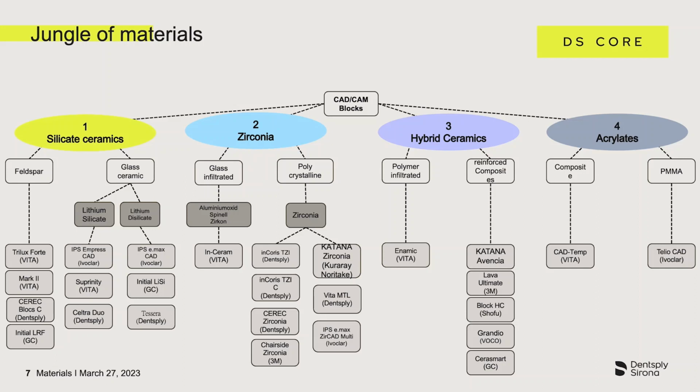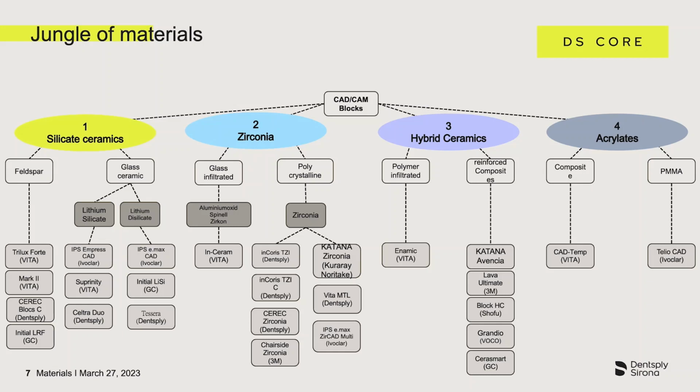As Cerec users, and mainly chairside practitioners, we tend to focus on the polycrystalline group of zircons. Within this group, we find the latest generation of highly translucent zircons on the right-hand side, which are of the greatest interest to us chairside practitioners.